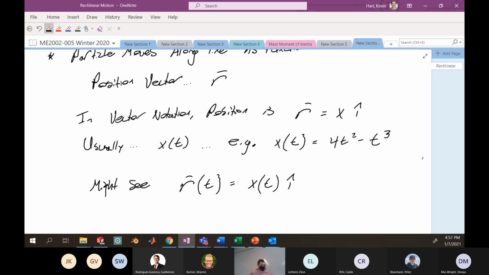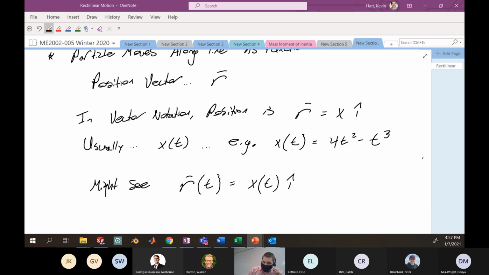Even though we have this one-dimensional system, and you could represent the position probably just using this scalar value, which is the time-dependent location of x. Once we move into a two-dimensional and a three-dimensional coordinate system, we want to be able to express the vector with these rectangular components in x, y, and z. So I'm just going to get you started in these methods early on, right? So there's your position vector.